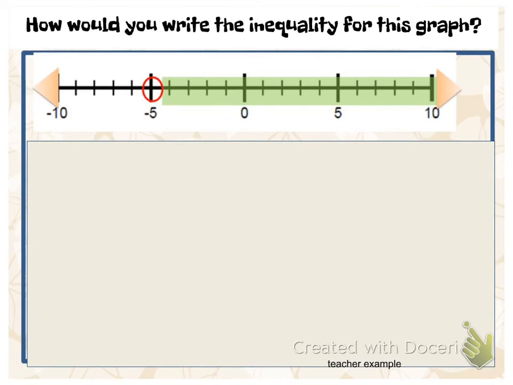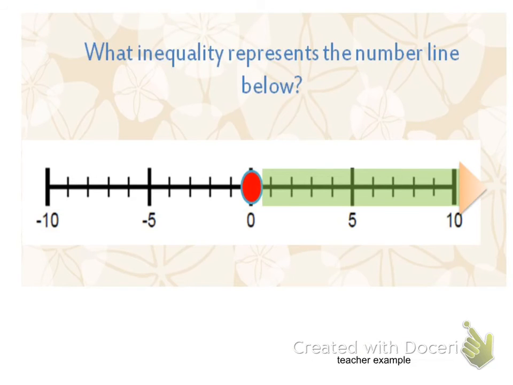Give me 1 second. All right, let's look at this one. Let's talk about it. Who can tell me what to do first? Write an X. First step, write an X. Okay, what number is going to go on the other side? The number 0, right? Because the dot is on 0. Okay.